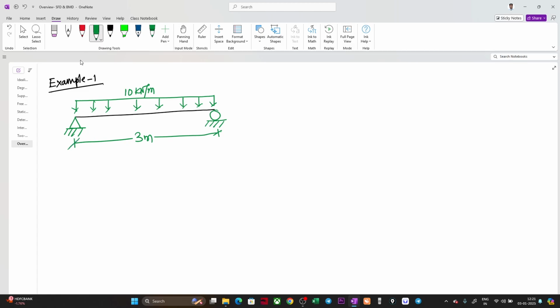Okay. So now if we draw the free body diagram, it will be like this. Here we have pin support, so Ay, I will just name it. This is A, this is B. We are considering the same axis: horizontal is X, vertical is Y. So this is Ax, and here we will get By.